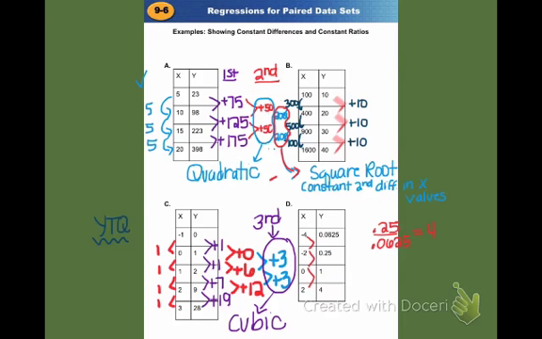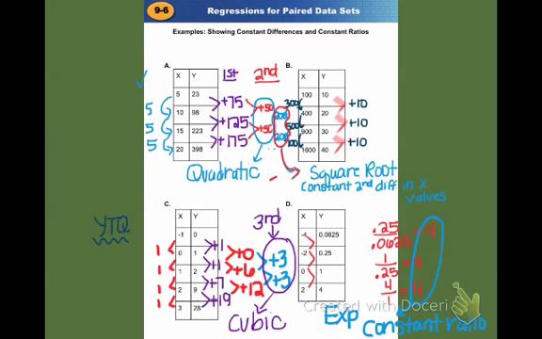If I take 1 and divide it by the prior one, 0.25, I also get 4. And if I take 4 and divide it by the prior one, I of course get 4. So I see there's a constant ratio, and that means I have exponential. So this is an exponential function, and the reason why is there's a constant ratio.